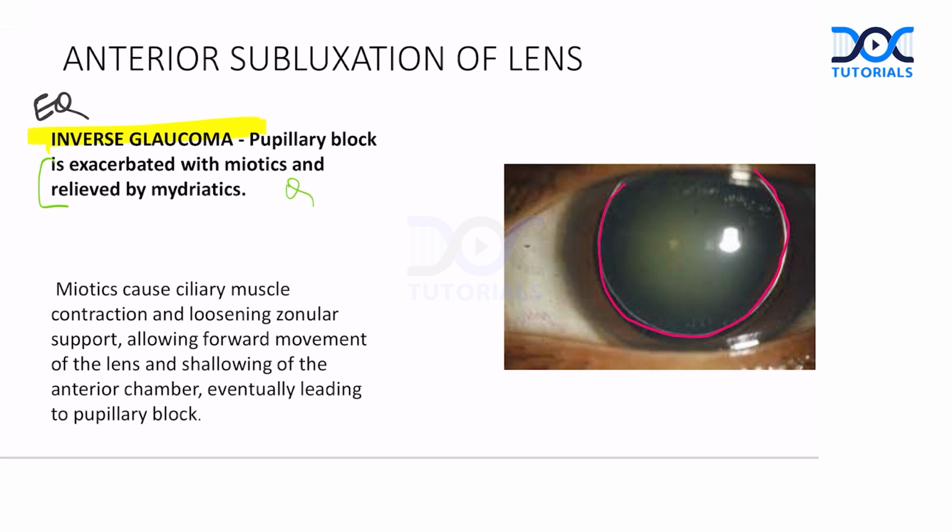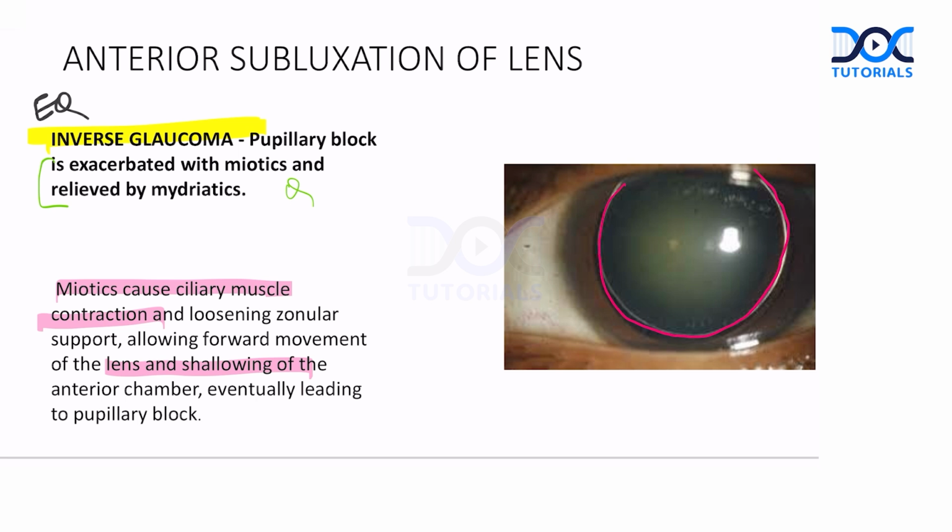I hope you remember, pilocarpine is one drug which causes ciliary muscle contraction, right? And it will actually bring the iris-lens diaphragm further anterior, isn't it? So it is going to aggravate the pupillary block. Now, what happens once you give atropine? Atropine will relax the ciliary muscle and it will bring back the iris-lens diaphragm.